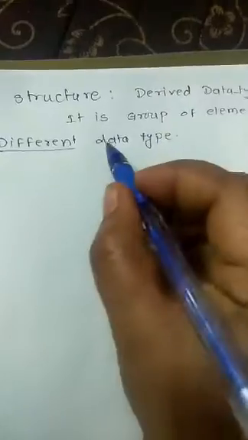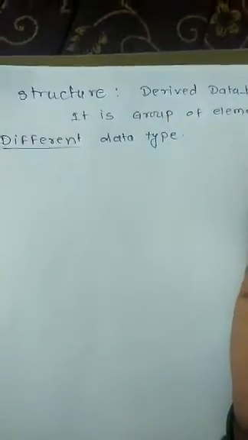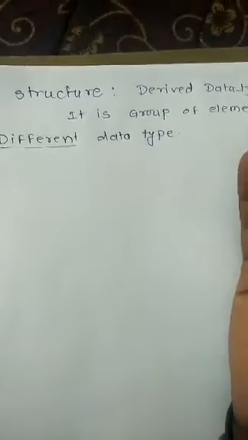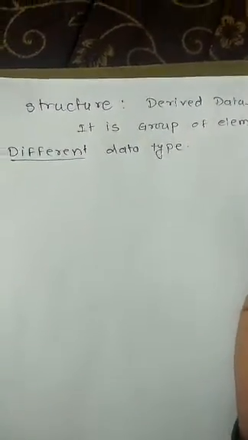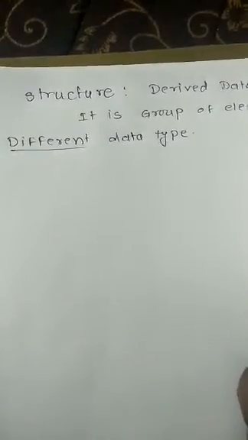So you have some basic data types like integer, character, float. These are the data types used at a time in a structure. It is a structure, unlike an array. What is the definition of array?